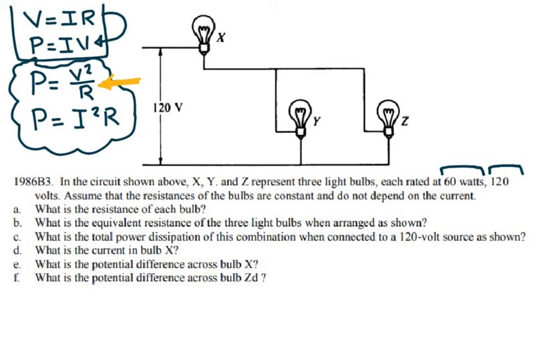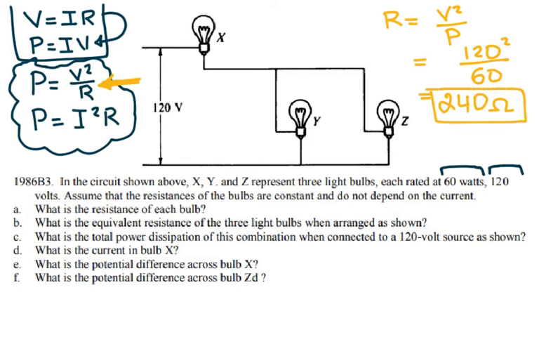The resistance is the voltage squared over the power, which gives 120 squared over 60. So the resistance of each bulb is 240 ohms. That is the answer for the first question.